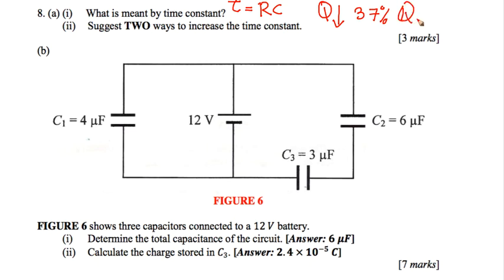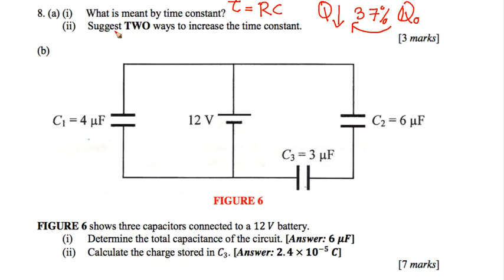Meaning the initial value is the maximum Q0, and after one time constant, the charge on the capacitor plate decreases to 37% of the maximum charge Q0.